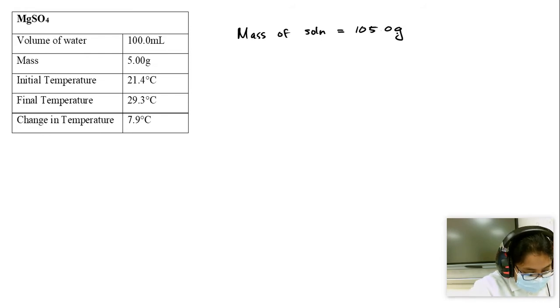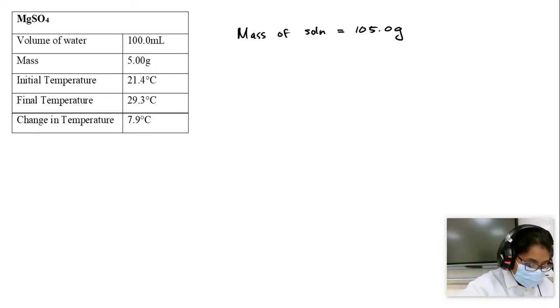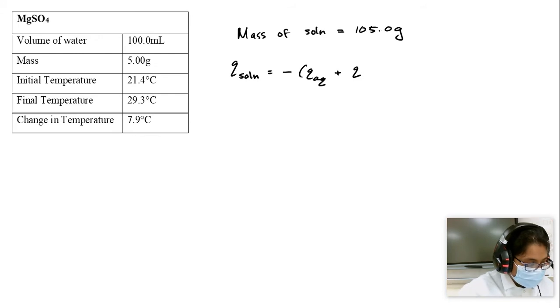Then what you are going to be calculating is Q for the solution. So we know that Q for the solution is equal to the energy released by the dissolution of the salt in the water, so Q aqueous, plus we have to actually correct for the calorimeter, the amount of energy that was lost to the calorimeter in the process of dissolution.